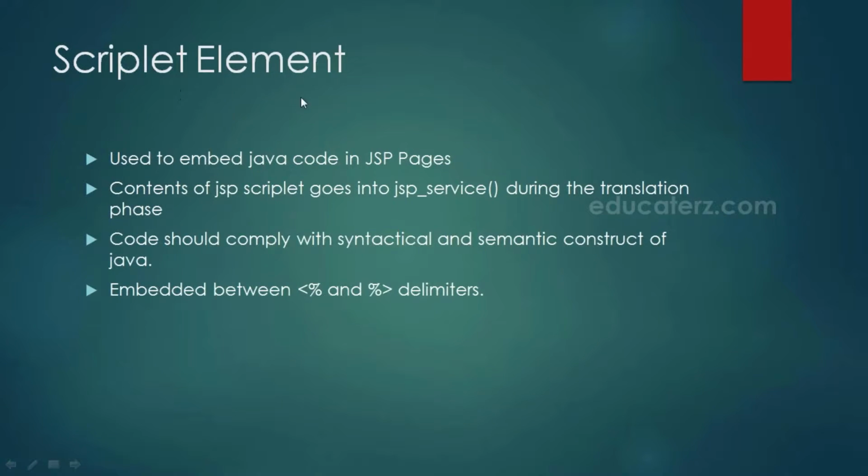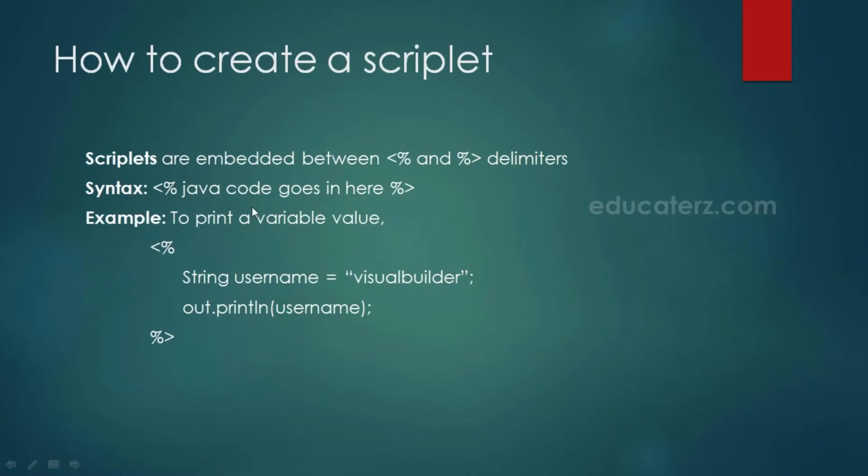The scriptlet element is used to embed Java code, and the content written inside a scriptlet goes into the JSP service method during the translation phase, and it should follow the exact syntax of Java. It is embedded using the delimiters less than percent and percent greater than. This is an example of it, where we are writing our Java code inside the scriptlet tag.